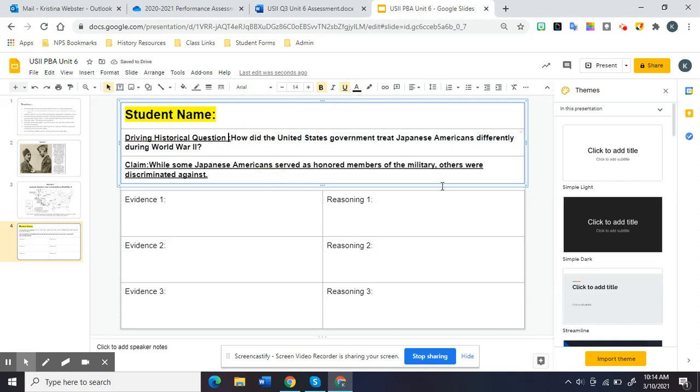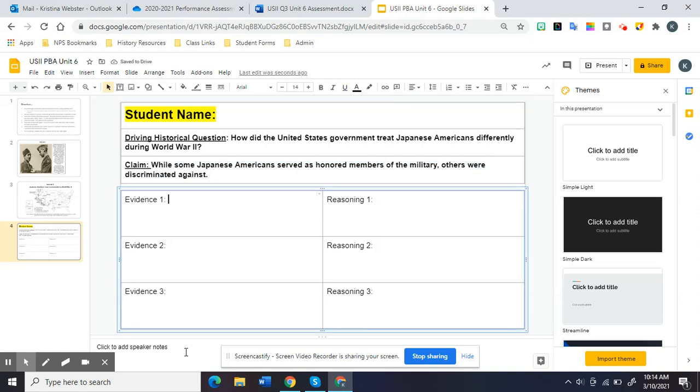The claim: while some Japanese Americans served as honored members of the military, others were discriminated against. So you need to pull evidence that proves some Japanese Americans were honored and some were discriminated against.